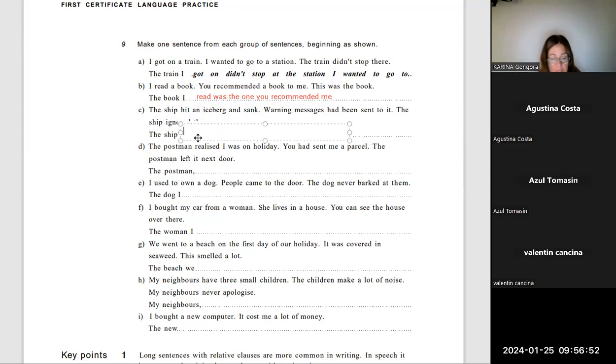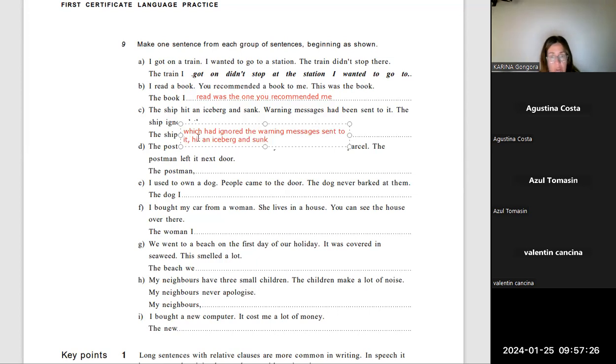The ship which had ignored the warning messages sent to it, hit an iceberg, and sank means "se hundió."